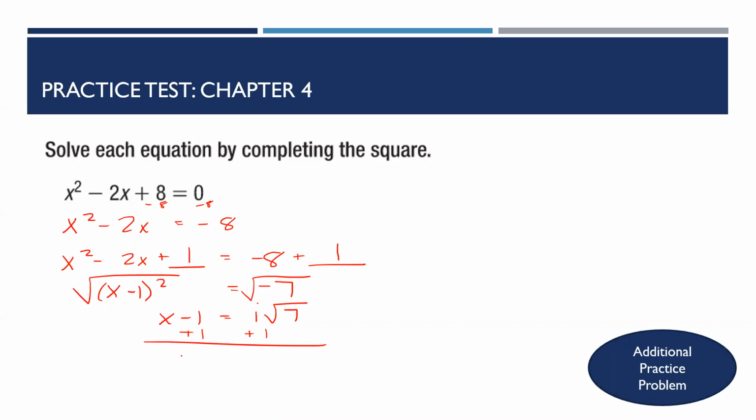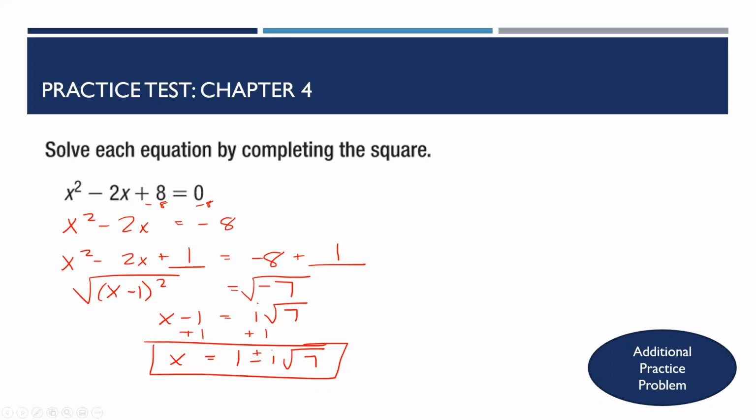So x is equal to 1 plus or minus i times the square root of 7. Okay? All right, so remember we had to have this imaginary number because you can't do the square root of a negative unless you're using imaginary numbers.